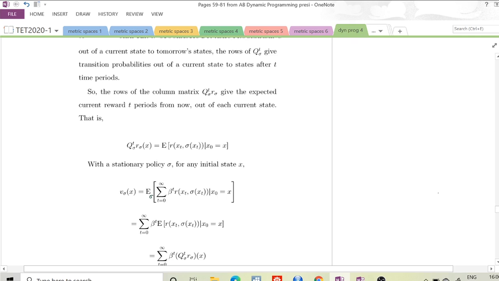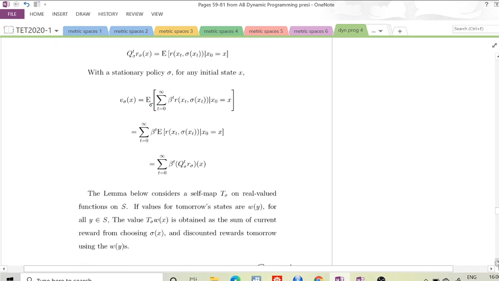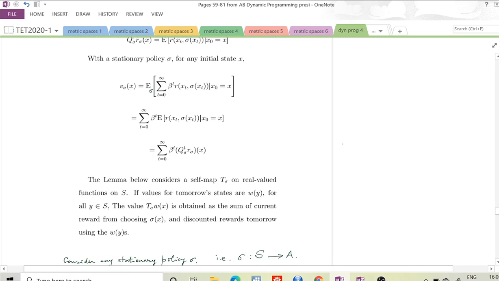So now you're looking at saying that you've started life at t equals 0 with x naught equals x, right? Suppose you are looking at some time t. How will you evaluate the payoff that you get from that time t?